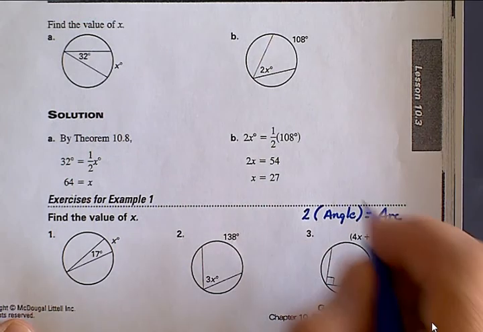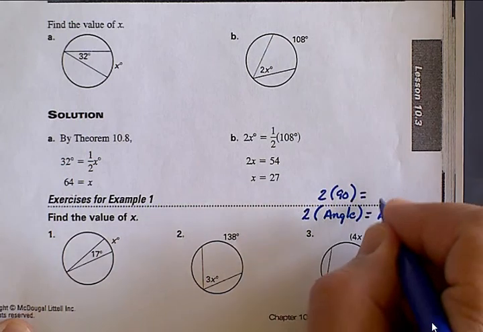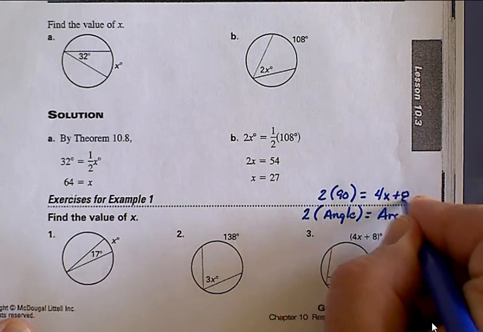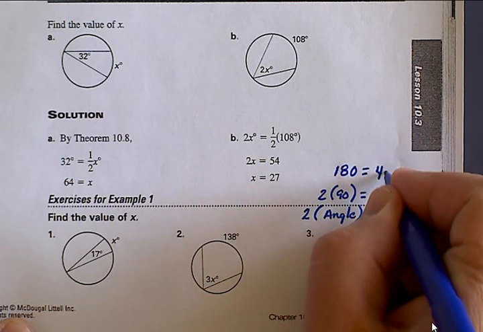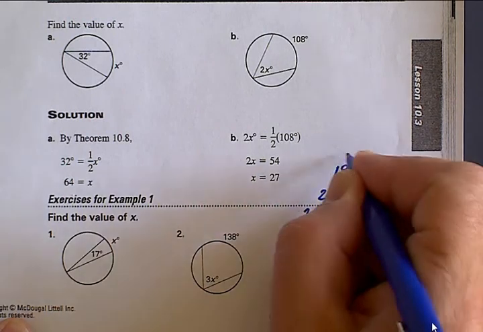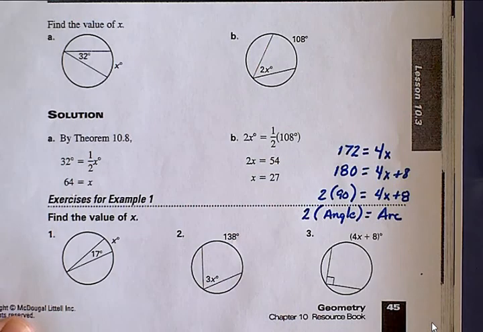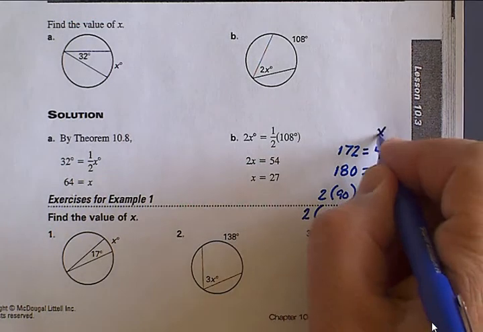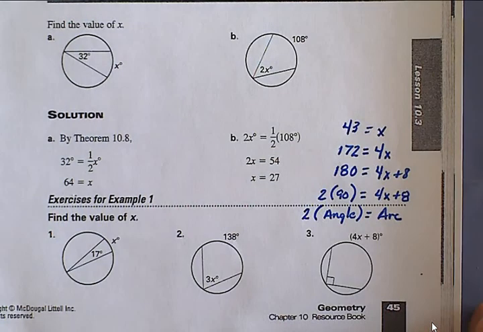So 2 times 90 equals 4x plus 8. So you get 180. Subtract the 8 over and you get 172. Divide by 4. And then x is 43. Set them all up something similar to that.